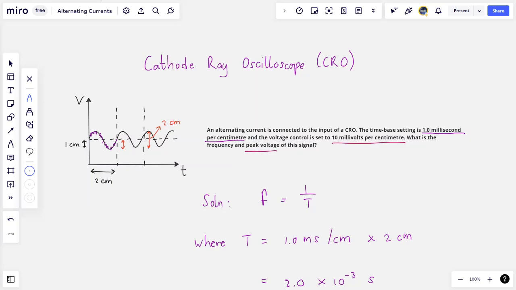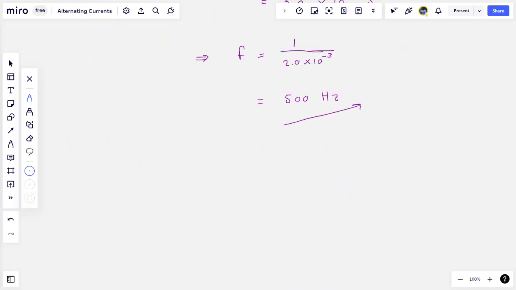You'd have to measure the peak to peak because this value of 1 wouldn't be given to you. So, to be safe, we always measure the peak to peak voltage. So I'm going to call it V subscript peak to peak. That's a long subscript. And this is 10 millivolts for every centimeter multiplied by the peak to peak distance, which is 2 centimeters.